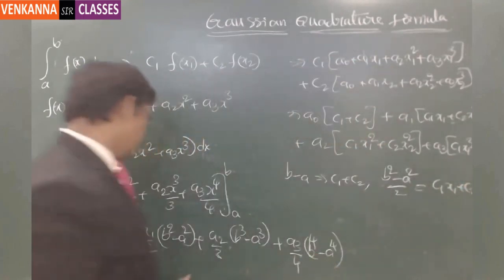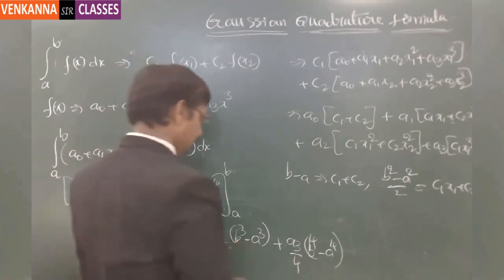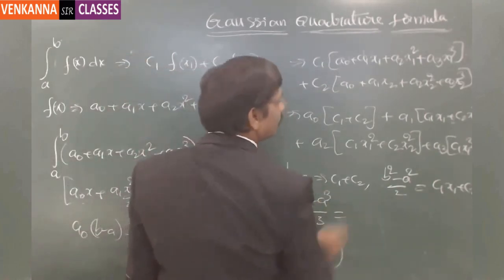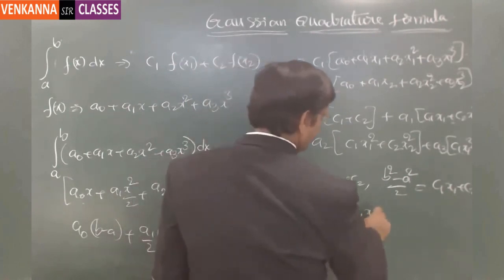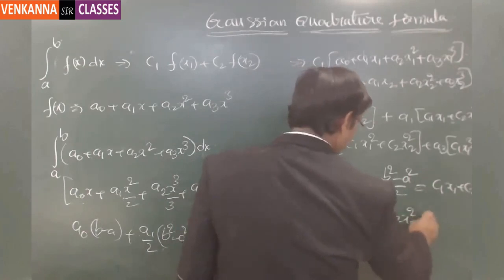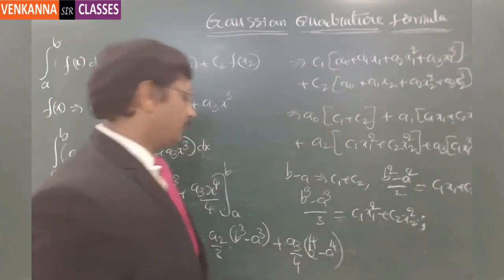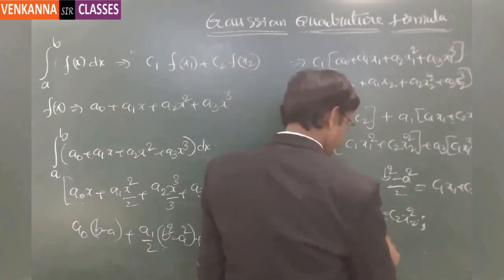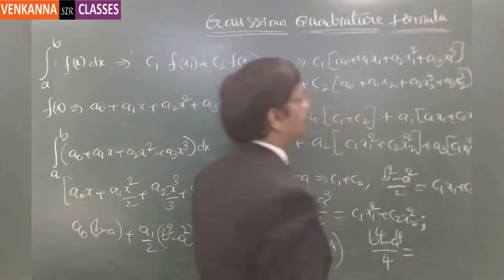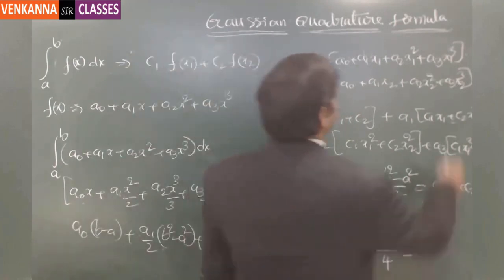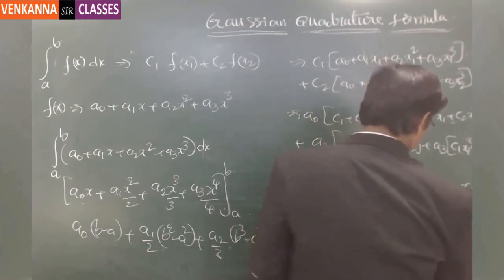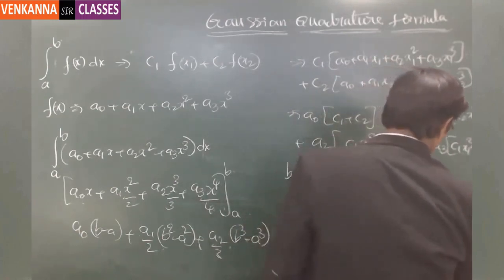Similarly, the next one is the a2 factor, that is (b cube minus a cube) by 3 equal to c1 x1 square plus c2 x2 square, and then the next one is (b power 4 minus a power 4) by 4 equal to c1 x1 cube plus c2 x2 cube.